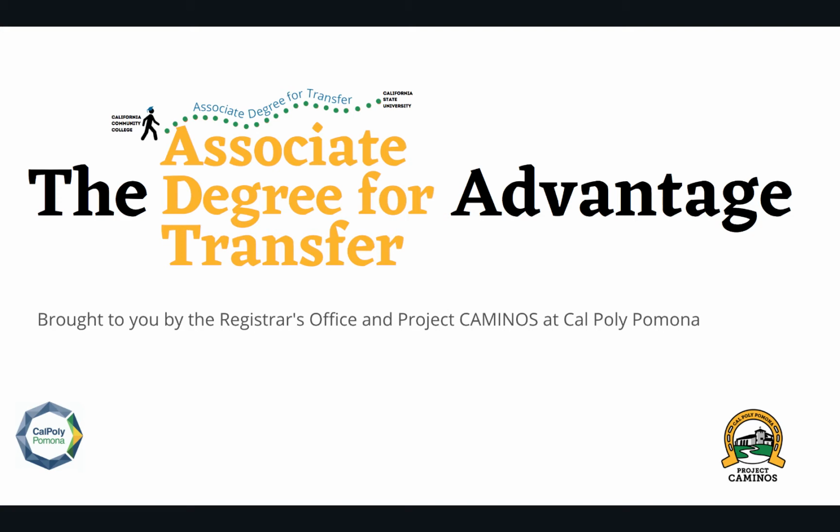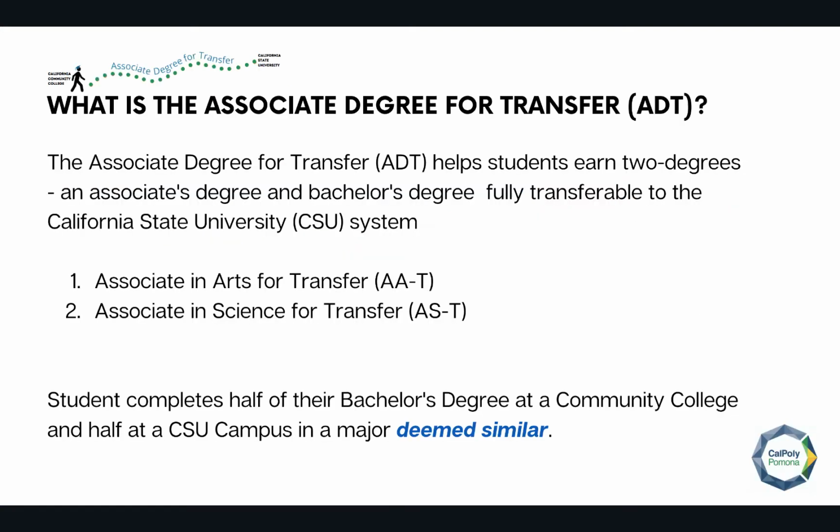Alrighty, we will jump into the presentation. So with regards to an ADT, essentially when you apply to it, you're going for actually 2 degrees. The first one is done at the community college, in which you would receive your associate's degree for transfer in arts or sciences.